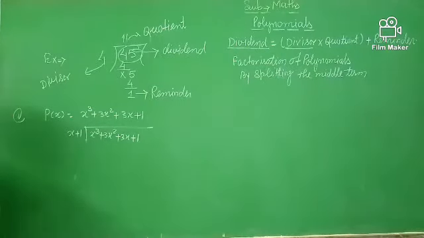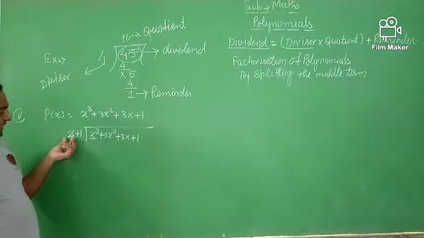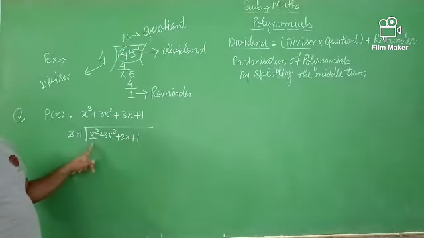First, all of you see, the first term of the polynomial is x cube, and the first term of the divisor is x. By which number do I multiply x so that it is converted into x cube?